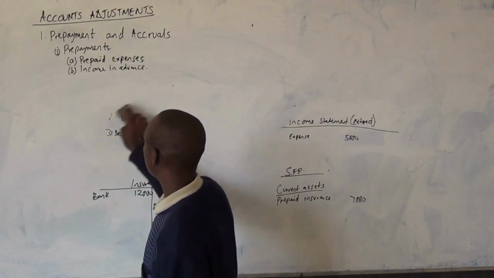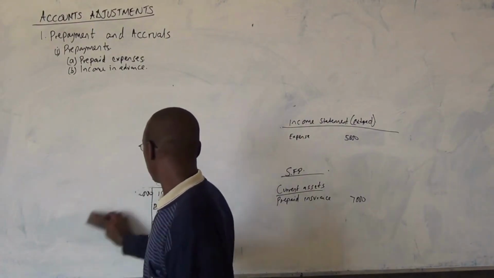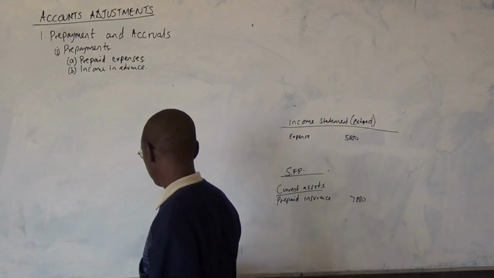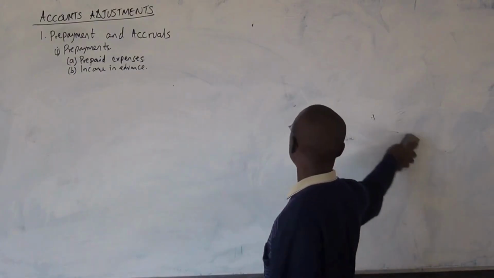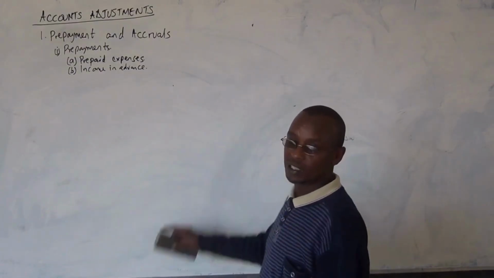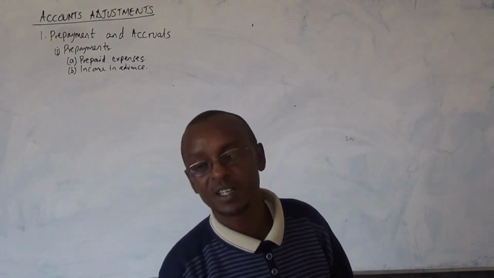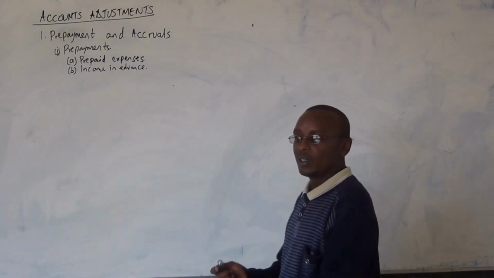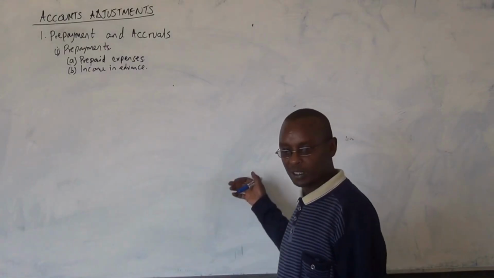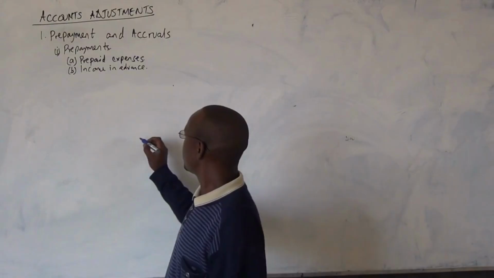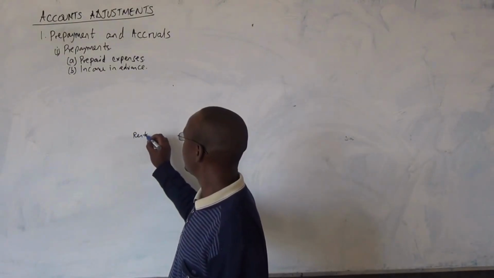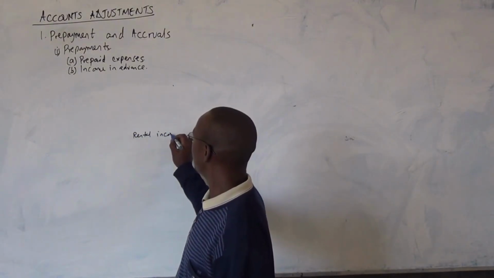So you have to account for that money. A good example is maybe in a trading business where they are selling, and then there's some building they are subletting out. So they're renting out, so they get rental income.